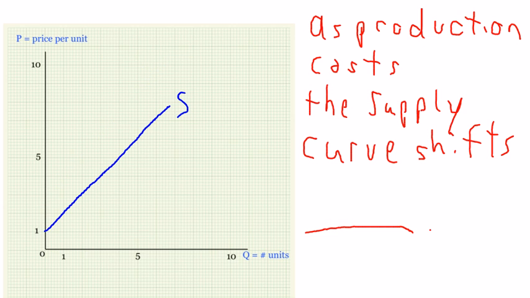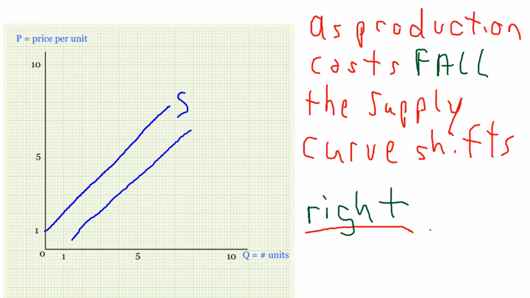Conversely, as production costs fall, the supply curve shifts right. And we illustrate that by just drawing a new supply curve that's to the right of the old supply curve. And there you see what causes supply curves to shift.